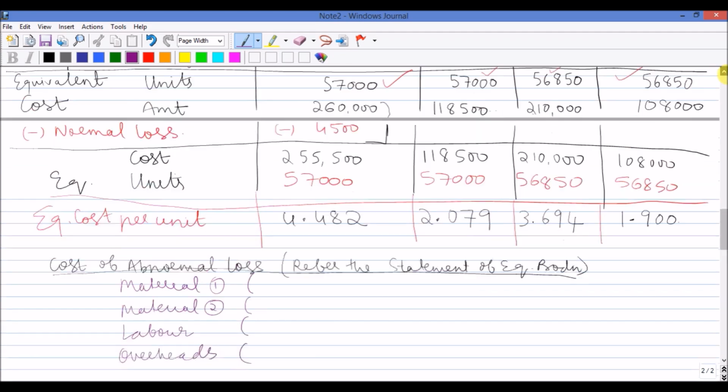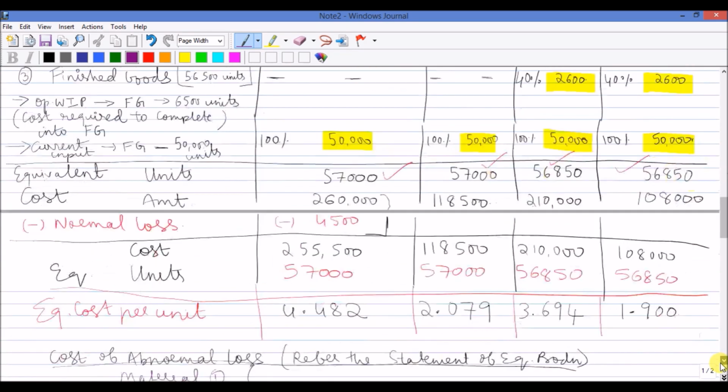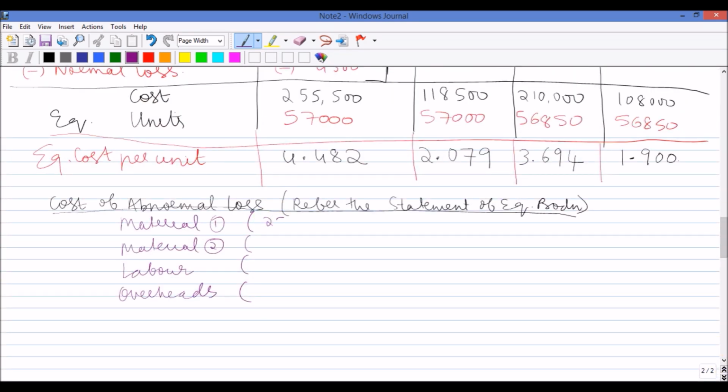So material 1, how many units are there? 2,500, 2,500, 2,000 and 2,000. Okay friends, this we have to multiply by the equivalent cost.